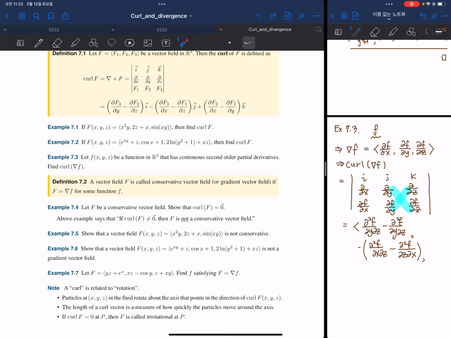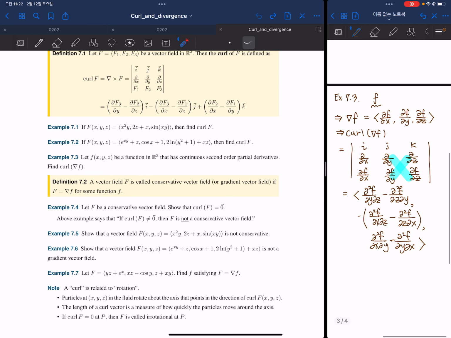And then the third one, we have d squared f dx dy, and then minus d squared f dy dx, right? I think it'll be better to say here dz dy, but since f can be differentiable. Yes, f has continuous second order partial derivatives.